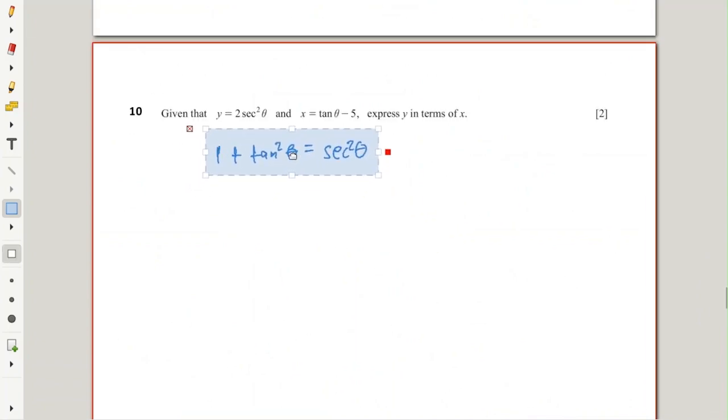So I'm just going to apply it here. So you have the value of sec. You can find sec square theta from here.